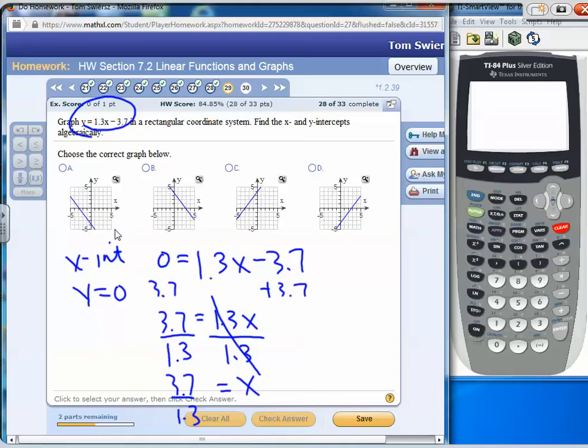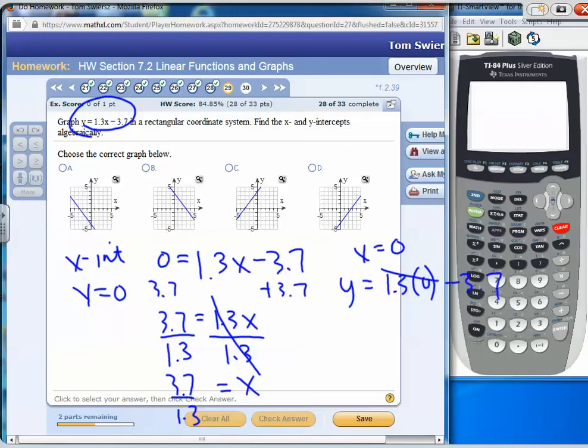Now the y-intercept, well, let's go ahead. I guess we'll do the y-intercept too. The y-intercept is when x equals 0. So x equals 0, we get y equals 1.3 times 0 minus 3.7, right? Minus 3.7.